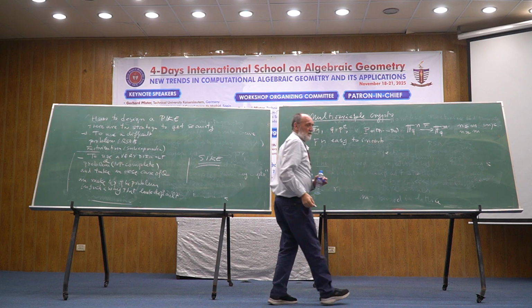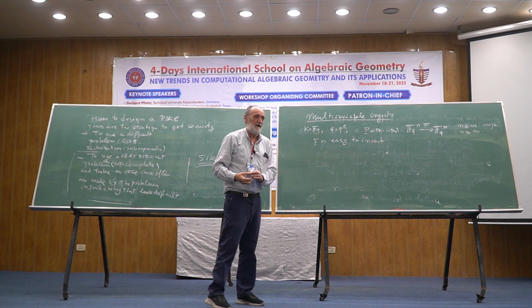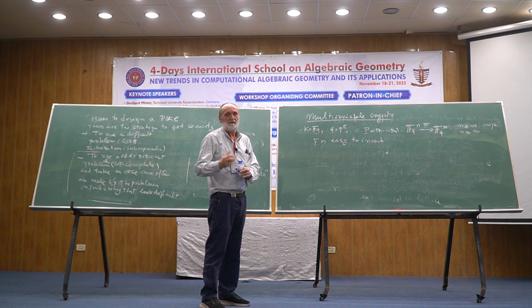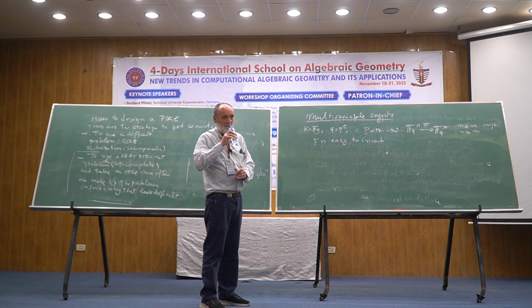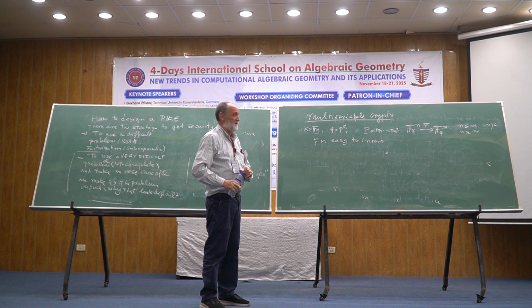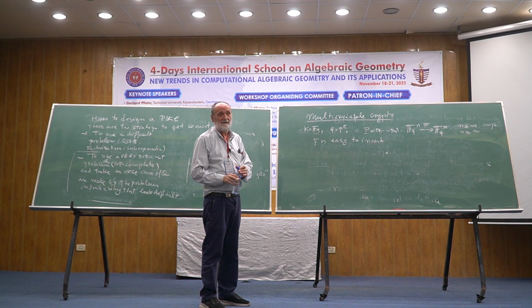But more or less, using algebraic geometry or any algebraic idea, this is not difficult: how to get maps that are easy to invert. The difficult part is to pretend that it's difficult.